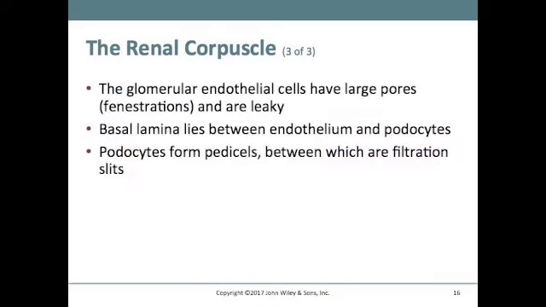Moving on, the glomerular endothelial cells have large pores or fenestrations and are very leaky. The basal lamina lies between the endothelium and the podocytes. The podocytes form pedicles between which are filtration slits.